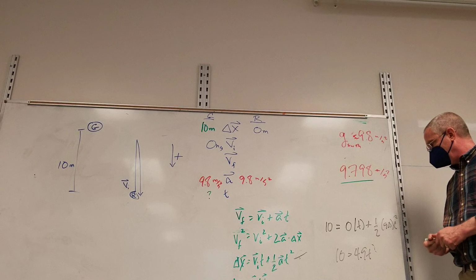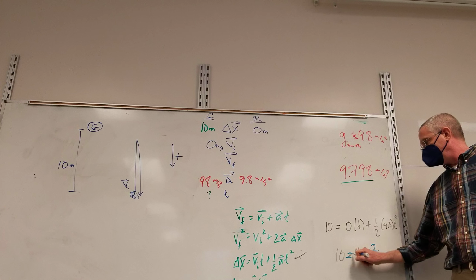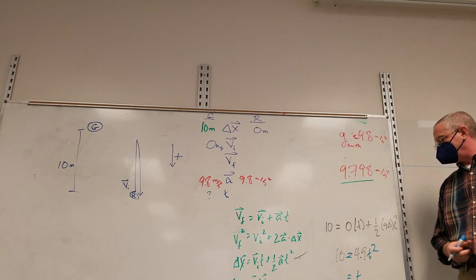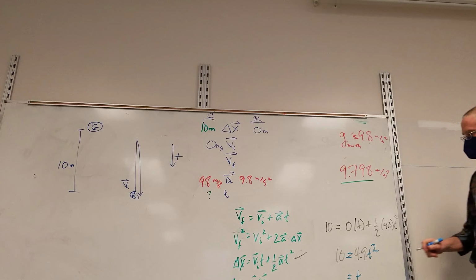And then solve for time, which is 1.5, I don't know, whatever it is. One point four three. 1.43.